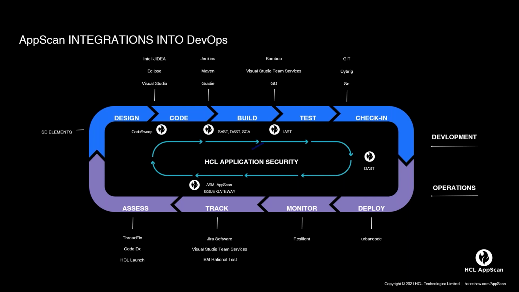And then when you move forward to the build test phase, there's the ability to run dynamic analysis or interactive analysis. So there are various different tie-in points that are suitable for different types of scans throughout your DevOps cycle. And when you're in operations, when you have the application deployed and are doing that DevOps loop, you want to be able to track issues that have popped up.